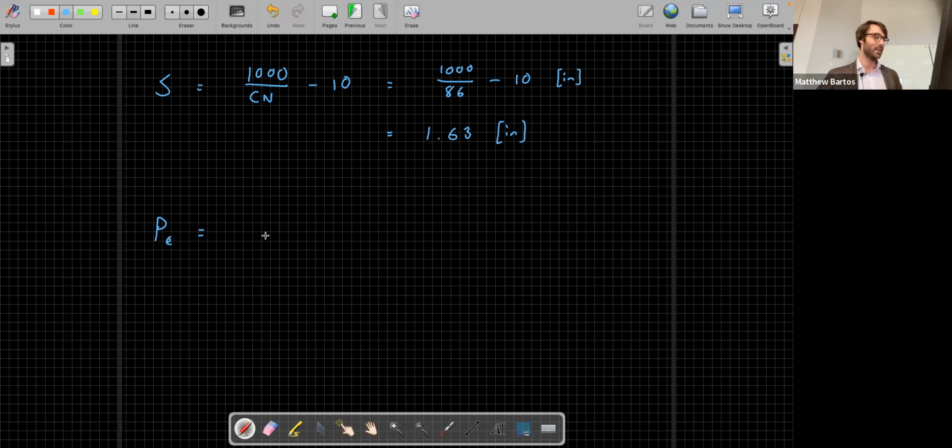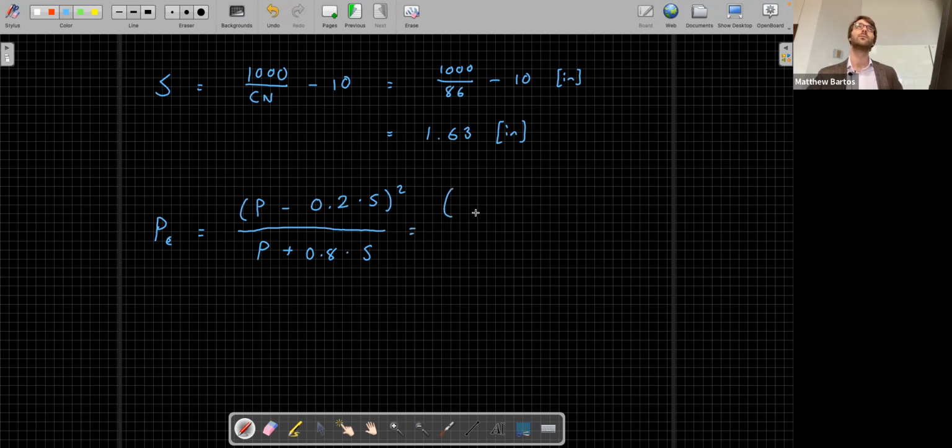And so we have that the excess precipitation is equal to total precipitation minus 0.2 times S, squared, divided by P plus 0.8 times S. Okay, and let's substitute in these values.